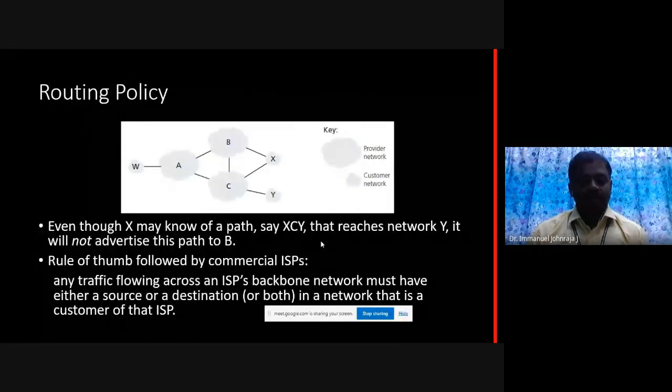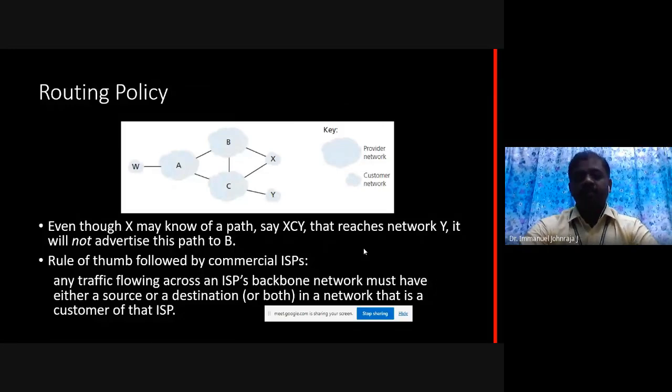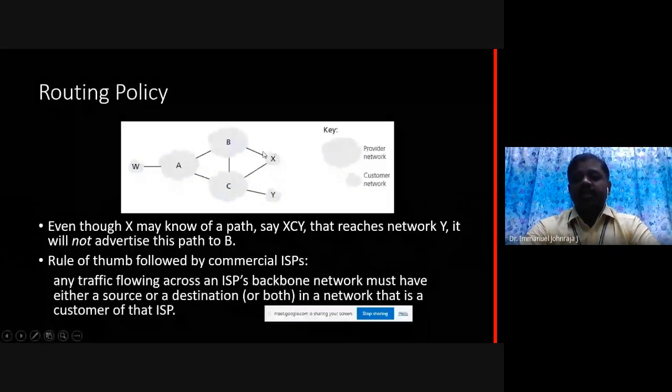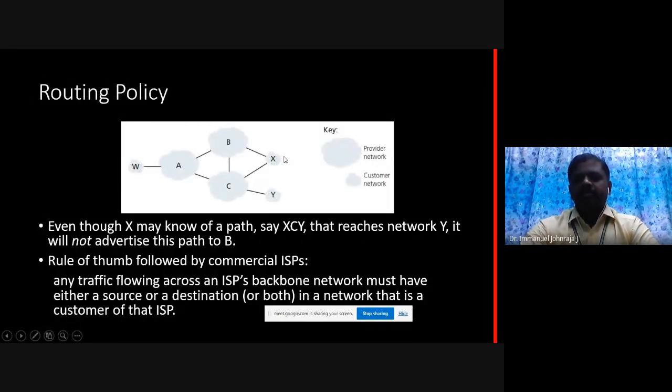And routing policy, because BGP takes the responsibility of connecting the ISPs. Now they also have to understand the policies. So policy based routing is supported by BGP, as we have learned. And in this topology, I remember speaking about the network X. Network X is not going to forward any packet which belongs to network W, because network X is not the ISP service receiver of autonomous system A or ISP A, right?